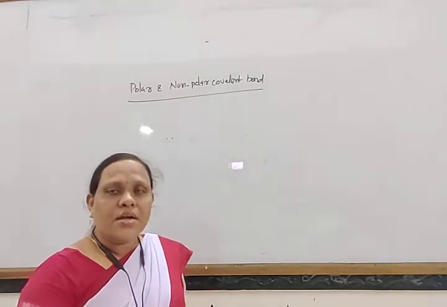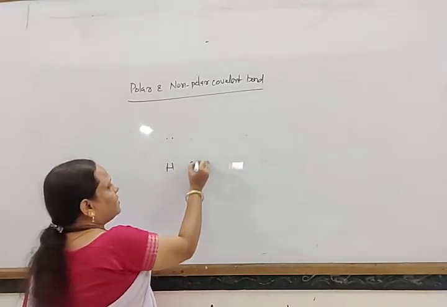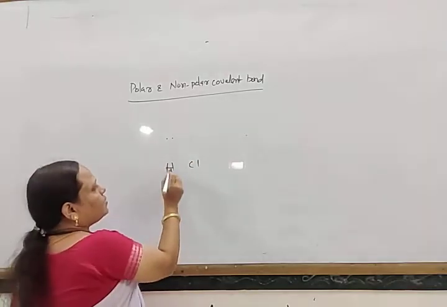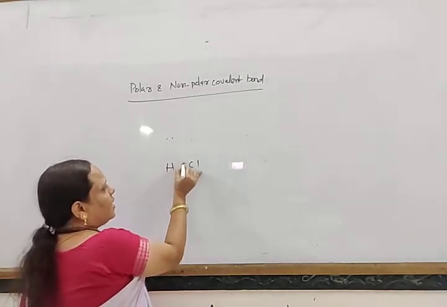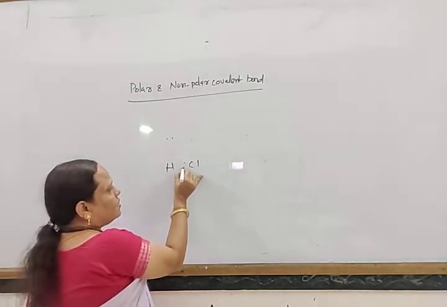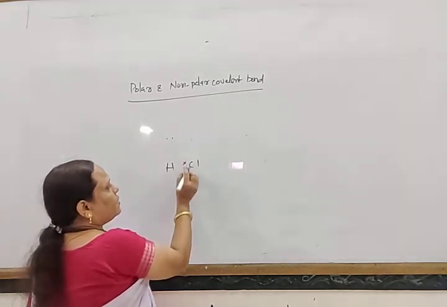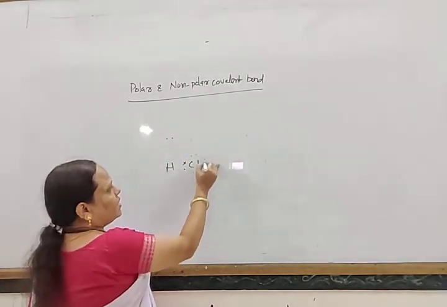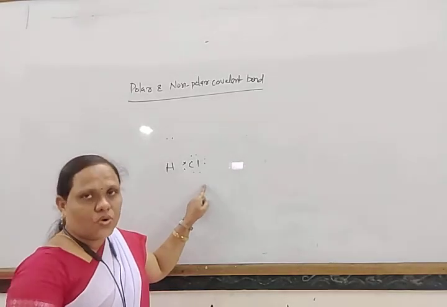Let us discuss the example of hydrochloric acid, HCl. When we consider this HCl, chlorine is more electronegative than hydrogen. Here, the hydrogen electron is given as a cross, and for chlorine I have given the dots, 1, 2, 3, 4, 5, 6. Then the shared pair of electrons shifts towards chlorine.